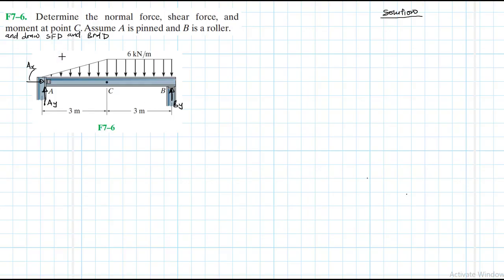This simply supported beam is loaded with two shapes of distributed loads. We have a triangular distributed load from A to C, and we have a rectangular distributed load from C to B. So we'll need to find the equivalent force for each one of the distributed forces.